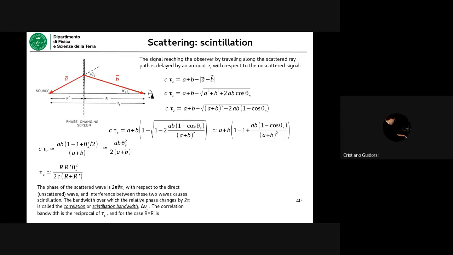If you consider two different frequencies whose separation is delta nu c, the corresponding phase shift will be 2 pi delta nu c times tau c. So you might wonder what is the interval between the two frequencies such that the phase shift changes by 2 pi.